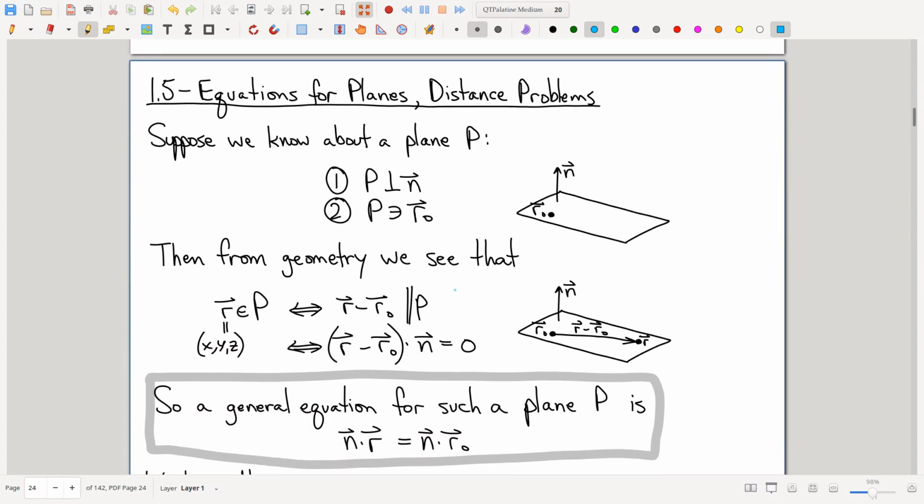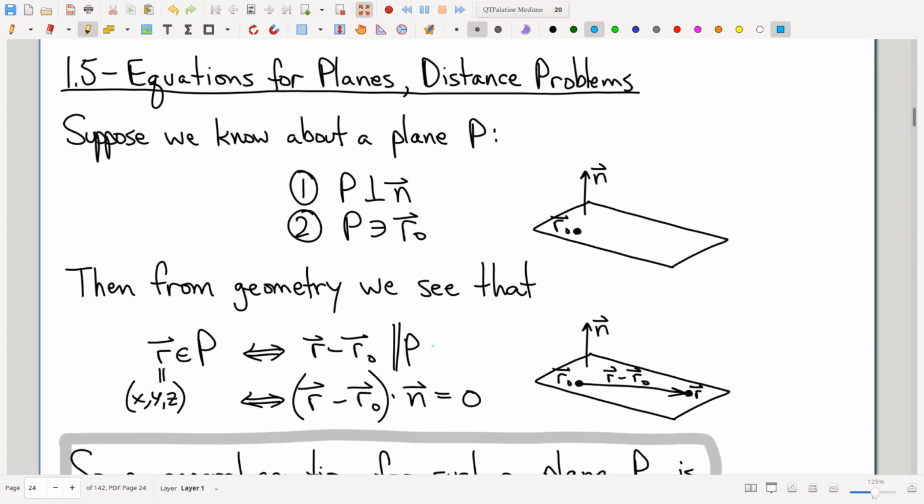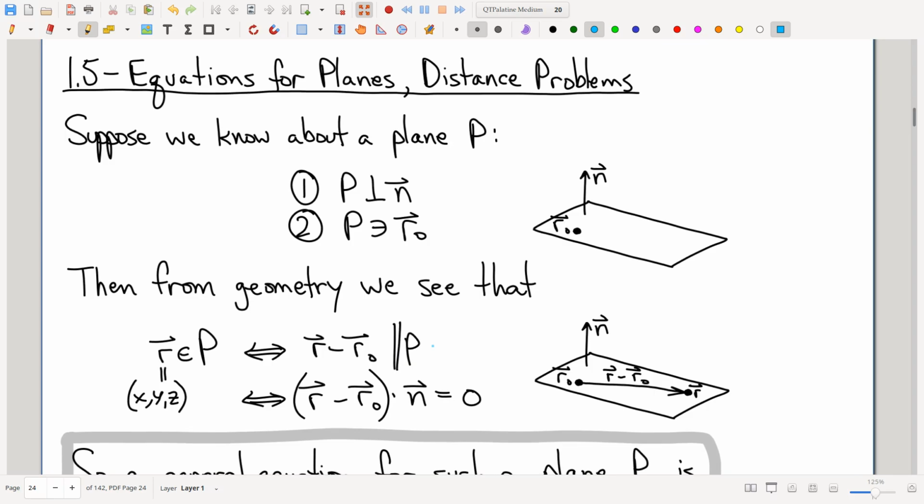So equations of planes. I think a lot of y'all have seen equations of planes in linear algebra classes. Again, I know y'all have had different linear algebra classes, so some of y'all might not have. To the extent that you haven't seen this before, this is borderline on the tough choices scale.